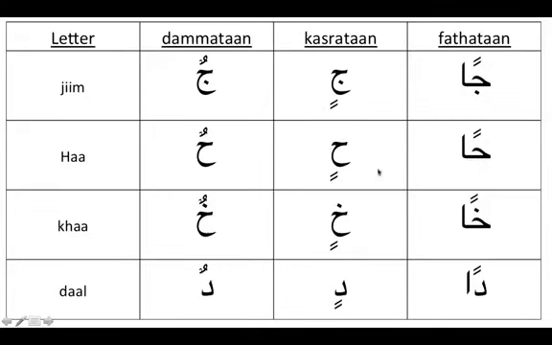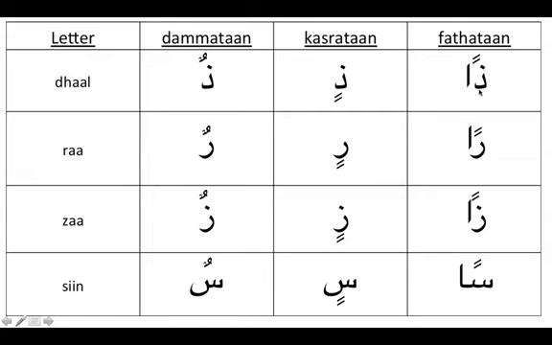Ha fathatan han, ha kasratan hin, ha dhammatan hun: han, hin, hun. This is kha. Kha fathatan khan, kha kasratan khin, kha dhammatan khun. Dal fathatan dan, dal kasratan din, dal dhammatan dun.